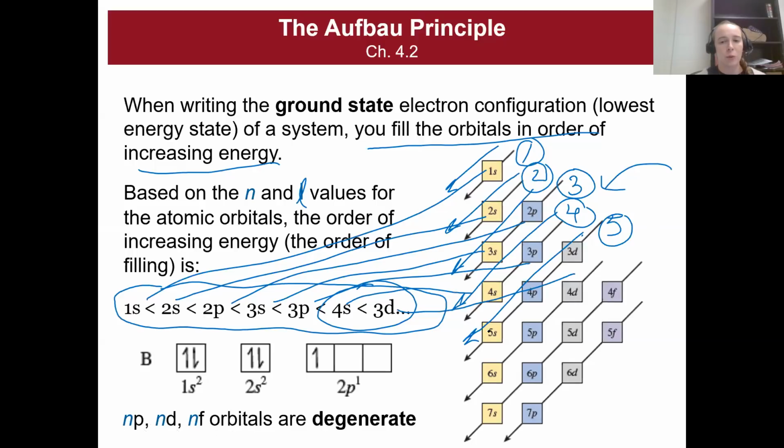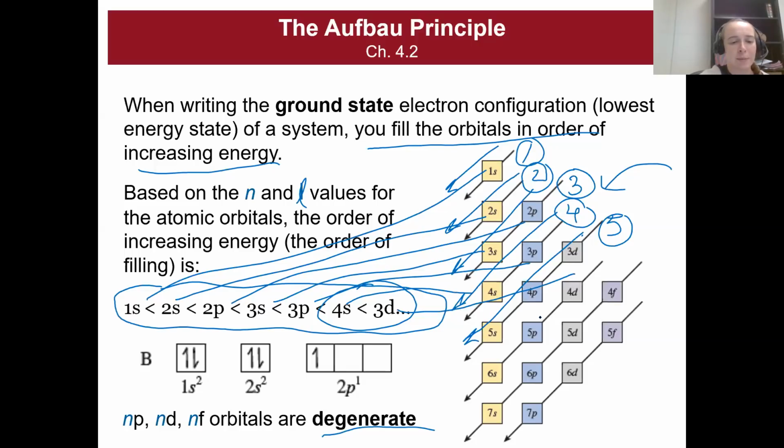But what happens when we have different 3p orbitals or different 4d orbitals, and so on? The p, d, and f subshells, or p, d, and f orbitals, are something called degenerate. So they are degenerate in energy.